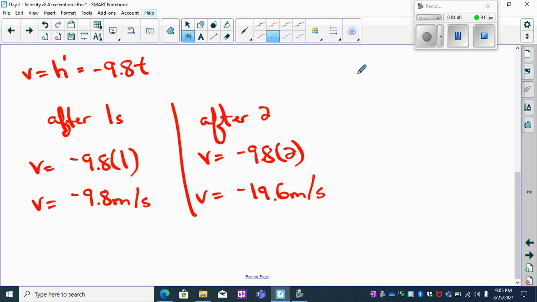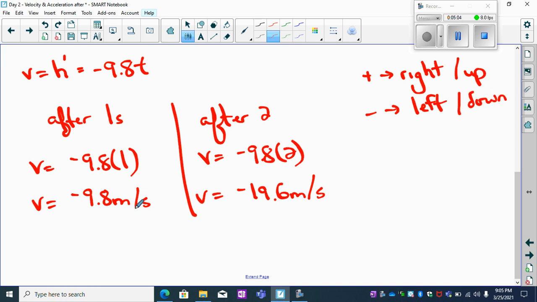When we're talking about particles moving, okay, positive goes to the right, positive velocity, or in terms of the stone being thrown upward, and negative velocity would refer to the stone falling downward, the particle moving left or the stone coming down in this case.